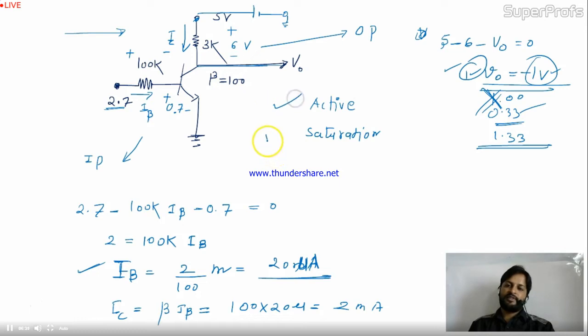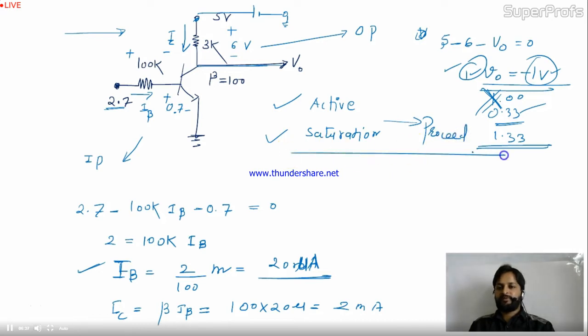You have to first check these 2 things, then only proceed. This is the procedure for any BJT circuit. If they do not mention active region or saturation region, you have to find it, then you proceed.